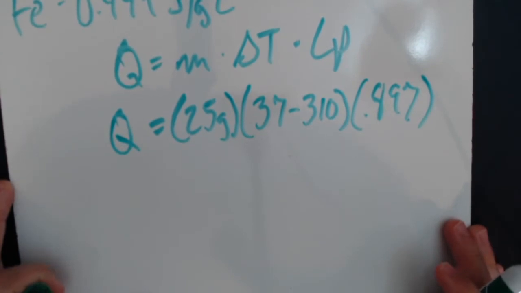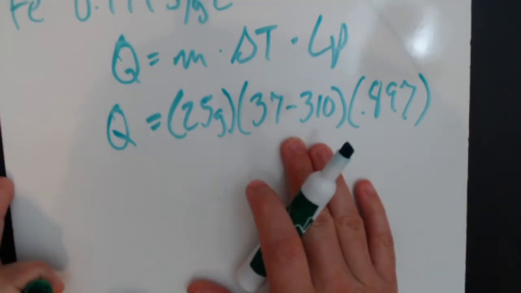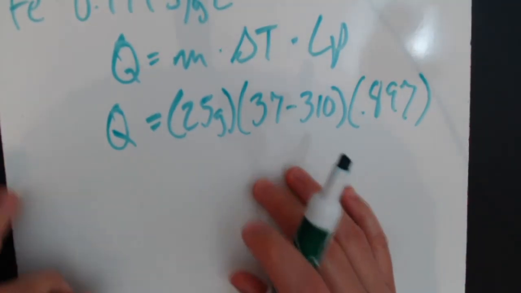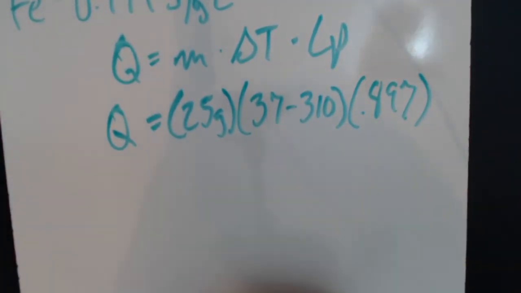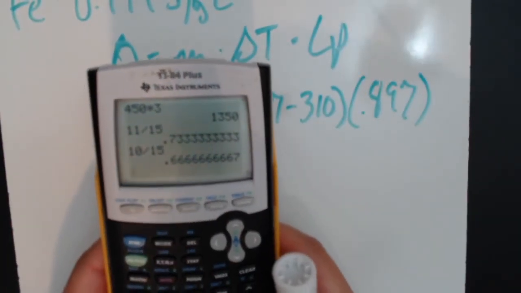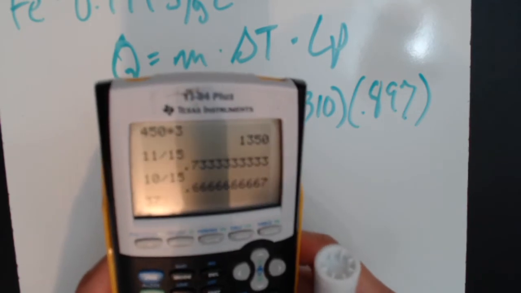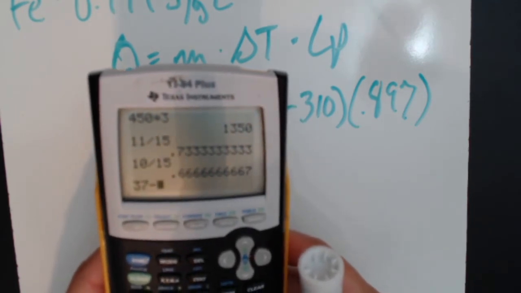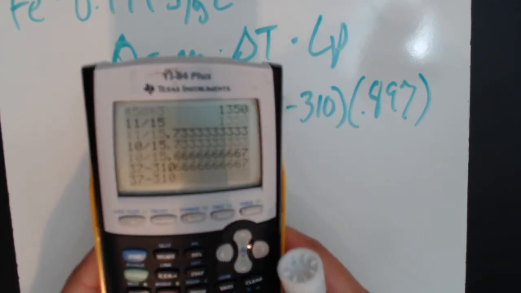So when we're solving for Q, it's really simple. It's just multiplication. I mean, yeah, I have to do that subtraction right there, but other than that, it is multiplication. So let's do that. I'm going to do the change in temperature first. So 37 minus 310. I should have a negative number.